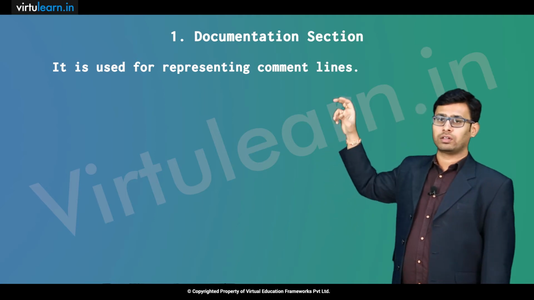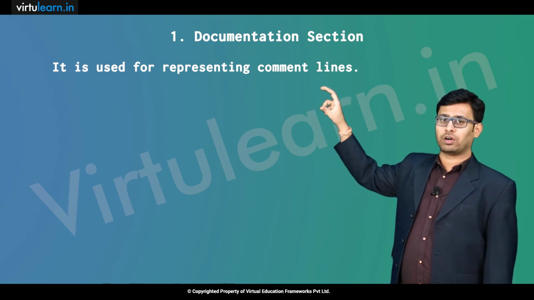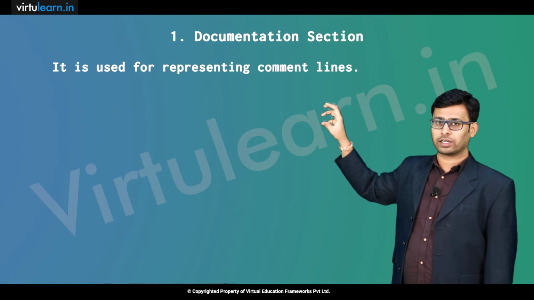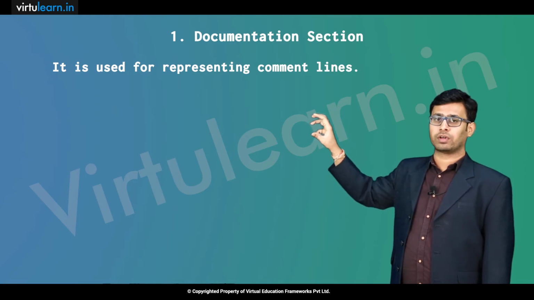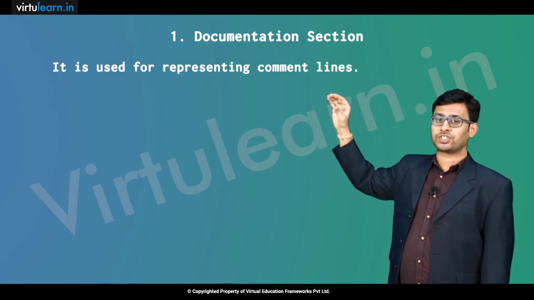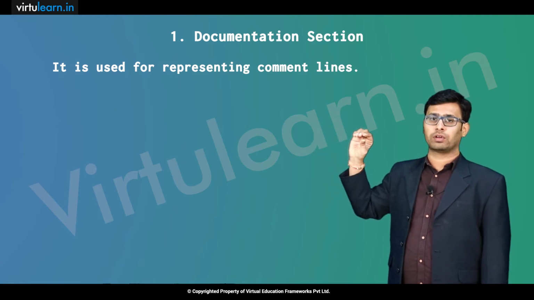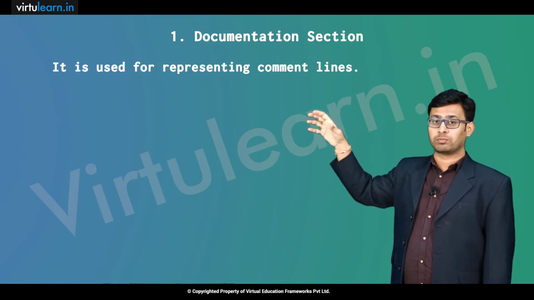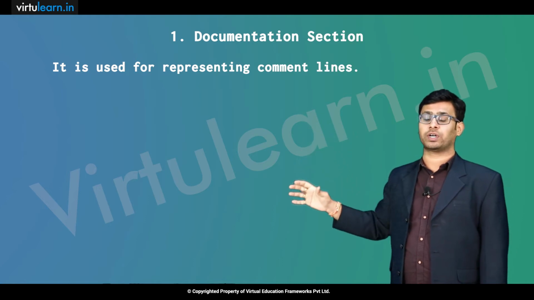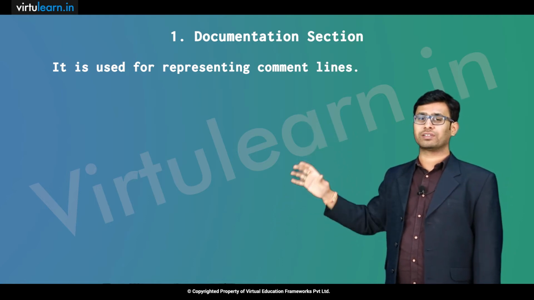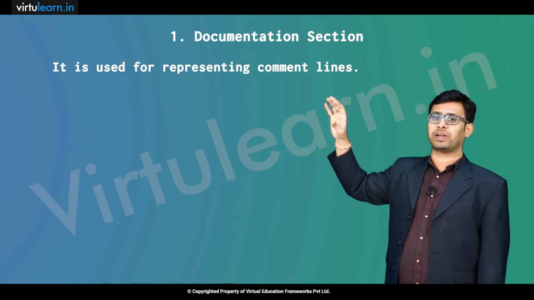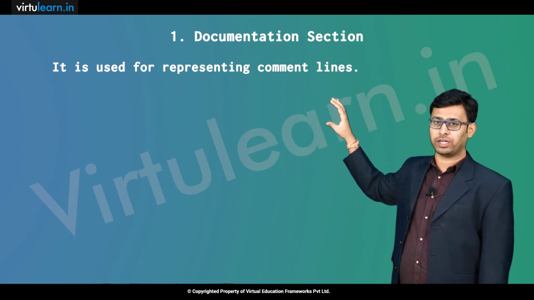You can easily understand it by seeing the problem statement. This needs to be written in two different ways: the first one is the single line comment, and the second one is the multi-line comment.